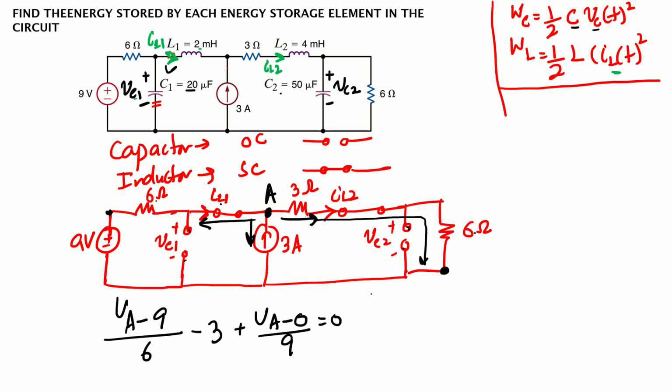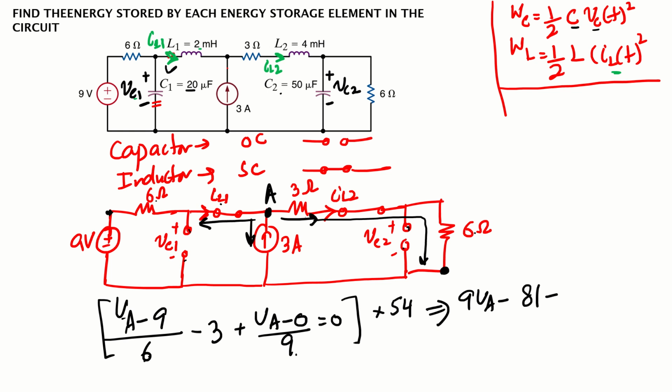We can simplify this one. This is just a one variable equation, so we can multiply the whole thing with, for example, 54. Why 54? We need to find the common multiple of these. So 54 divided by 6 gives me 9, so 9 times VA minus 81, right?